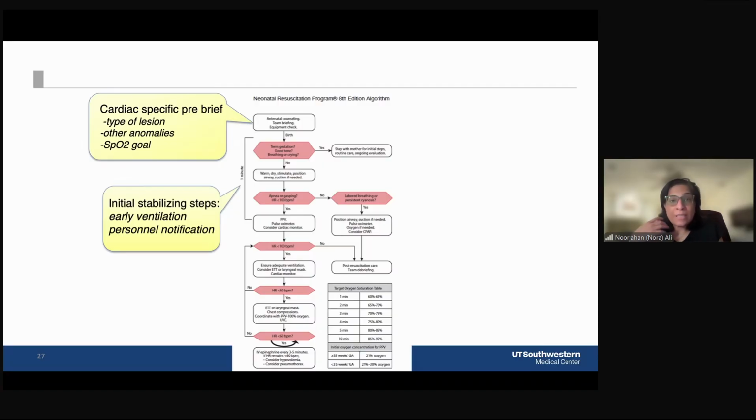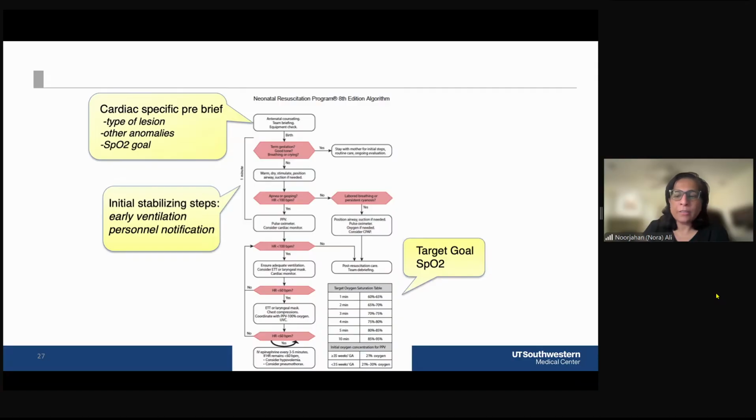They may sometimes need more help than just CPAP. So trying to know what typical or normal NRP guidance you can follow, and where you can make some of those changes for the lesions, can also help the team be a little bit more comfortable in the delivery room.